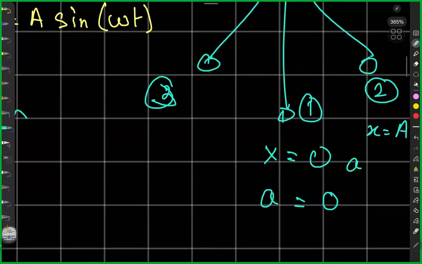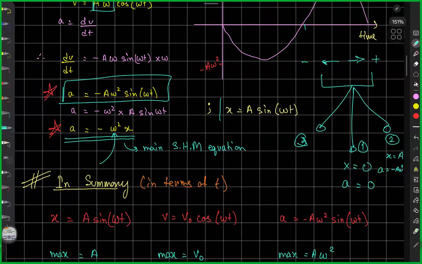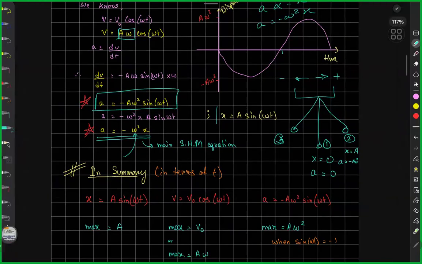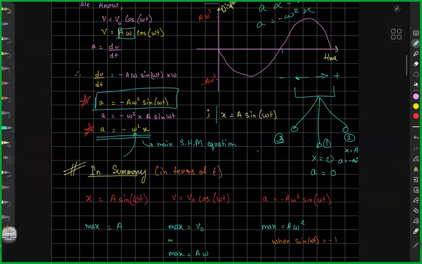Perfect. It is minus A omega square. Isn't it in the opposite direction? A is positive, x is positive, acceleration is negative, and maximum. X is also maximum. So it goes back to position 3. What happens? X is equal to minus A. And what is acceleration? Last question, you guys. Omega squared A. Perfect.